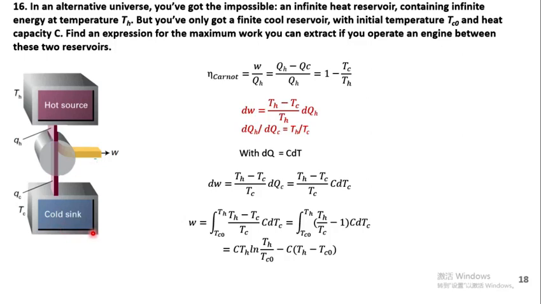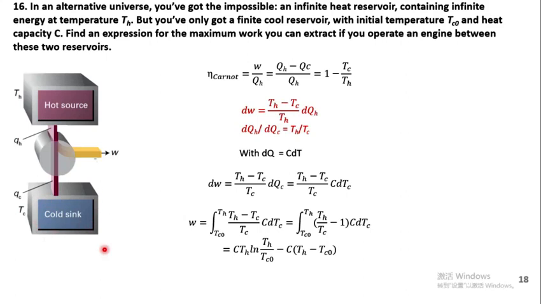It means after we extract the heat from the hot source to the cold sink, in this process, the heat from the hot source will transfer to the cold sink. At the same time, we can also get some work from this process.